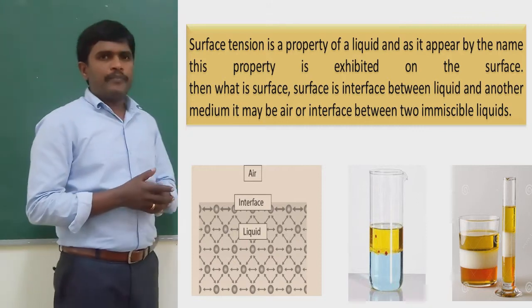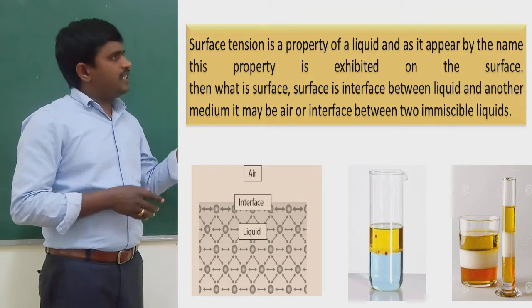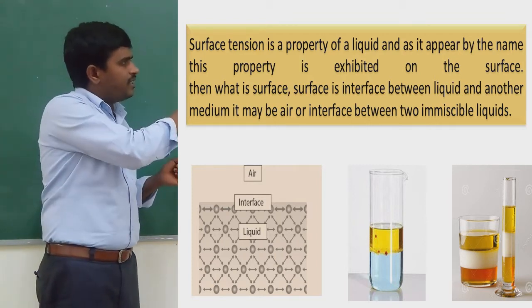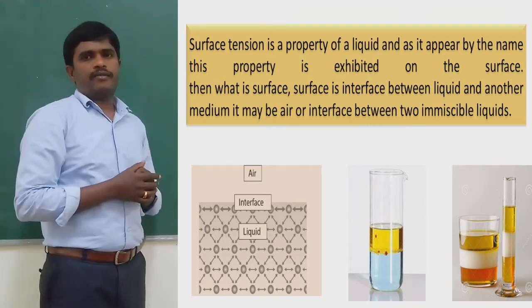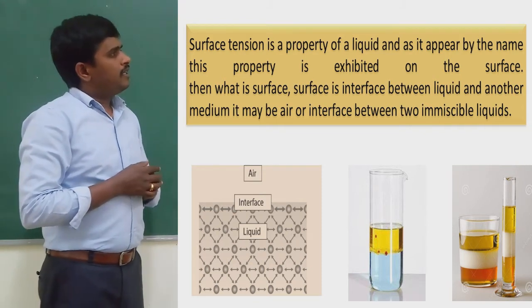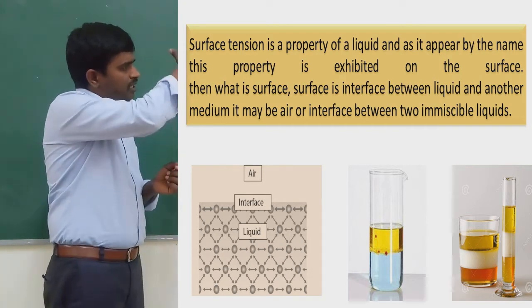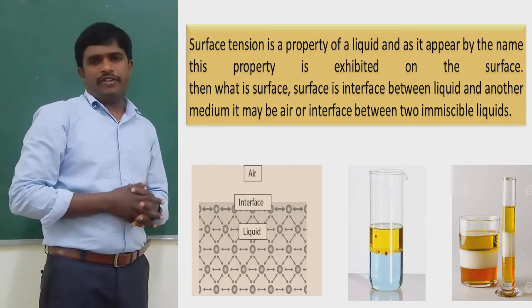In the first figure, it represents the surface, that is the interface between the liquid and the air. And in the second figure, the surface represents the interface between the two immiscible liquids.